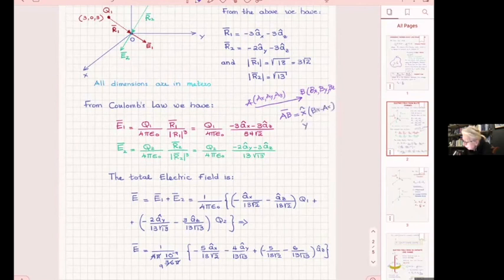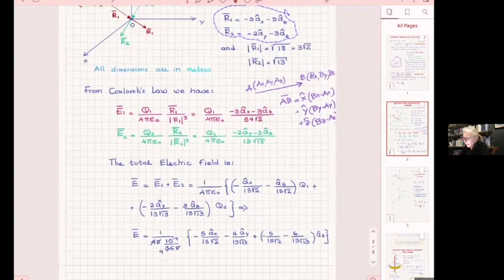A y component, which is by minus ay, and a z component, which is bz minus az. You remember that? That's what I've done to find vector r1. And that's what I did to find vector r2. And this is up here.